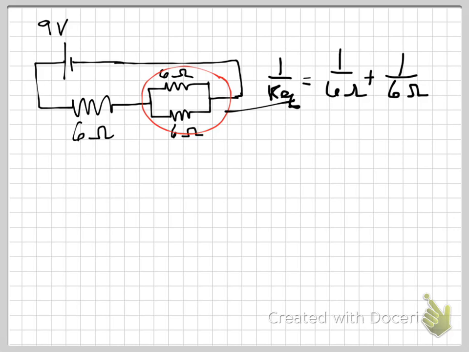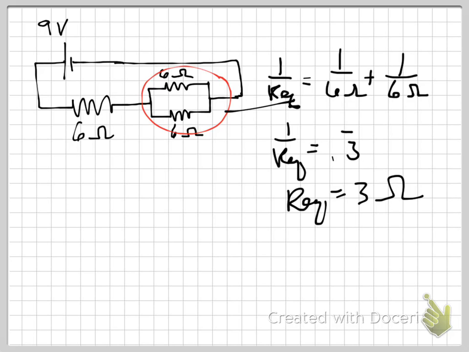I put in parentheses 1 divided by 6, close parentheses, plus parentheses 1 divided by 6, close parentheses, and that gets you 0.3 repeating. 1 divided by that, you get an equivalent resistance of 3 ohms. So we write Req 3 ohms.